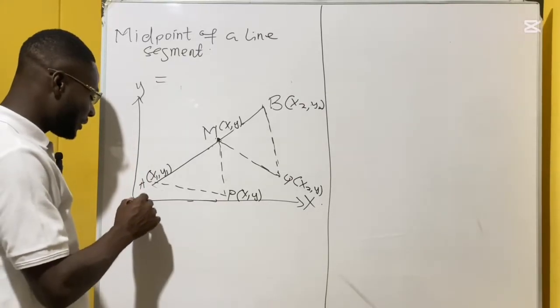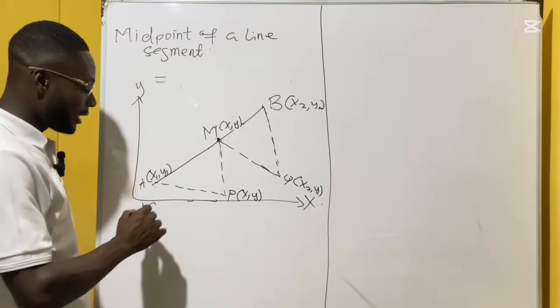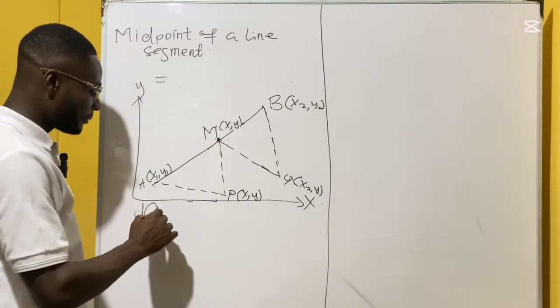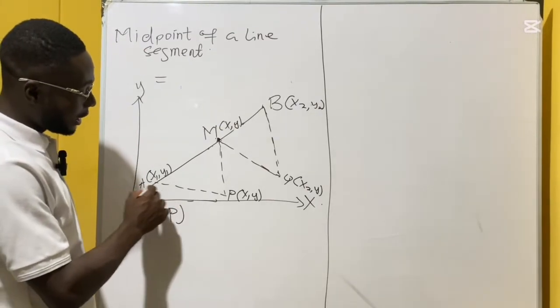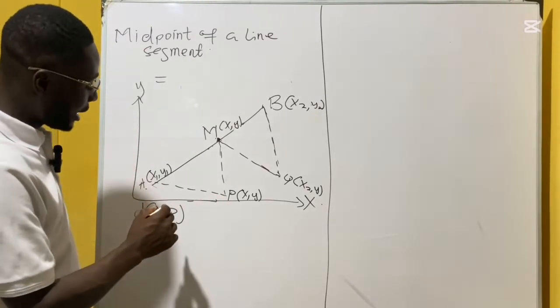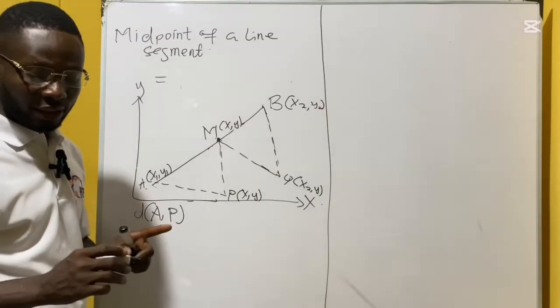So we say that the distance of A and P, right? So we are interested in the x coordinates, right?